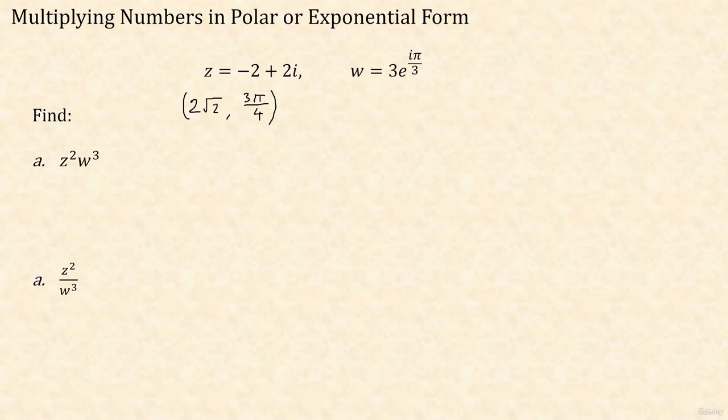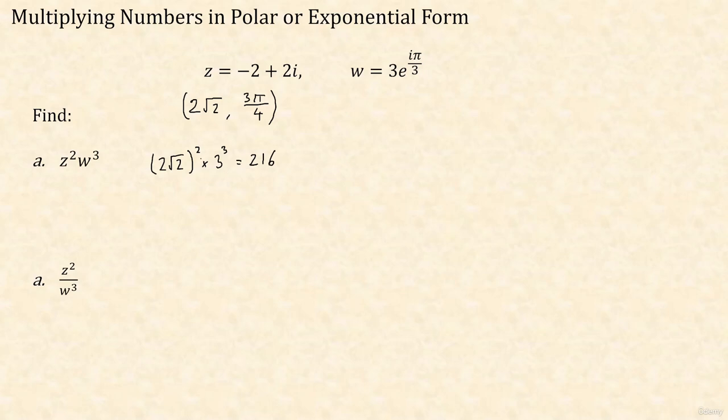I can first say, well, the modulus of z squared is just 2 root 2 squared, and the modulus of w cubed is just the modulus of 3 cubed. So my overall modulus is simply going to be 2 root 2 squared times 3 cubed, which is 216. So that's my new modulus.